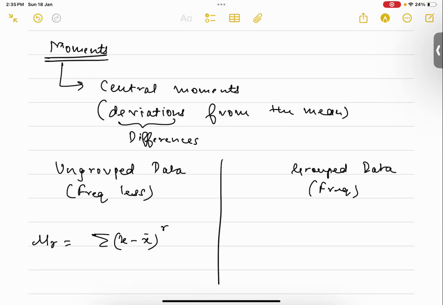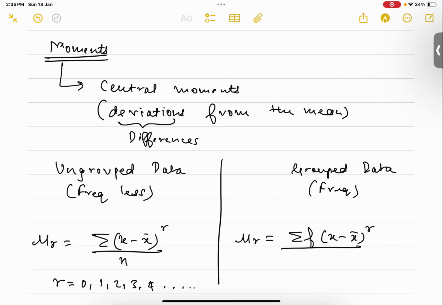This is a bracket raised to r upon n, where r is equal to 0, 1, 2, 3, 4 and so on. And for grouped data, mu r is equal to summation f into x minus x bar raised to r upon summation f, where r is equal to 0, 1, 2, 3, 4 and so on. So these are deviations, that is, differences from the mean.